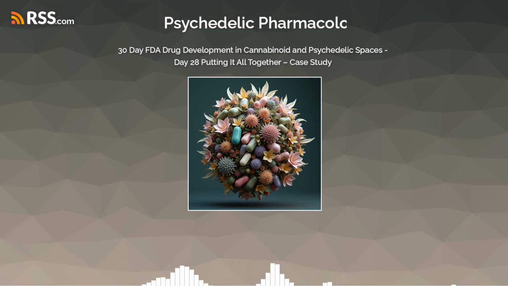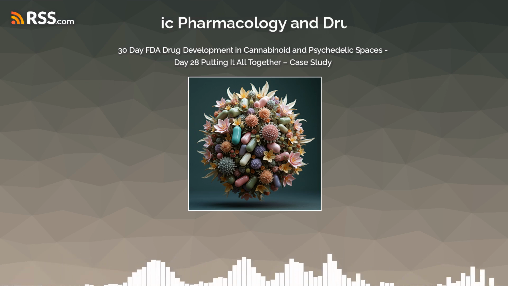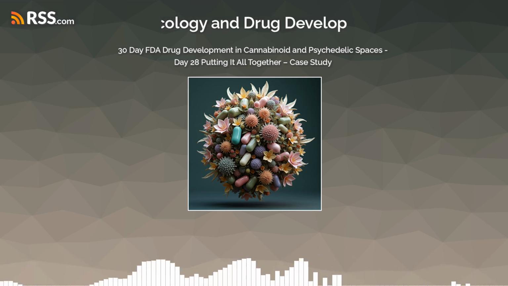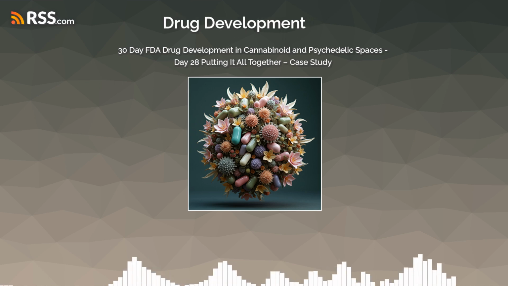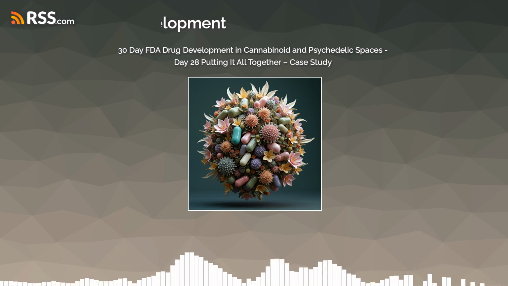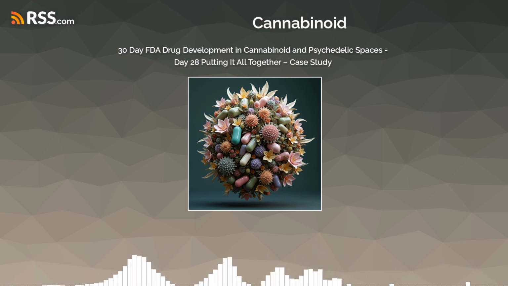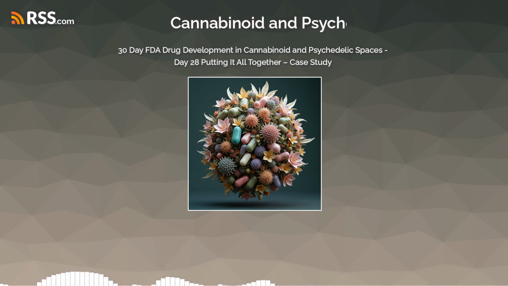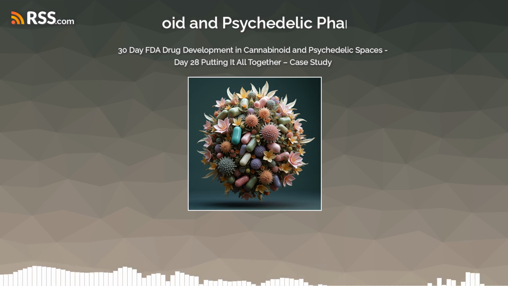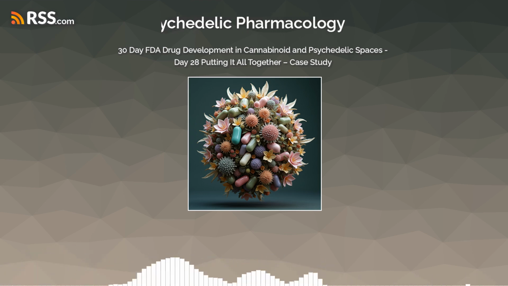So think of it as a systematic way to test different extraction conditions. The solvents, the temperatures, time, and really pinpoint that sweet spot that maximizes our yield while minimizing those impurities. So DOE helps us get the most psilocybin out of those mushrooms, but keeping things clean too. Precisely.